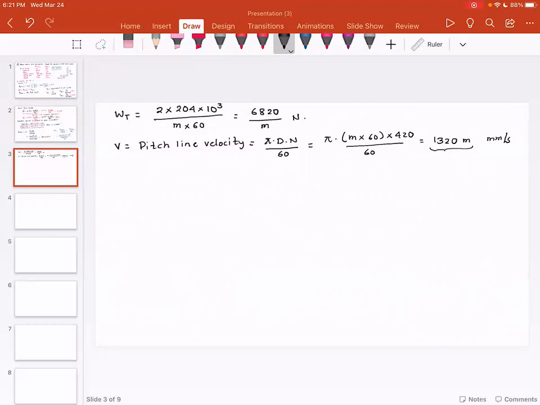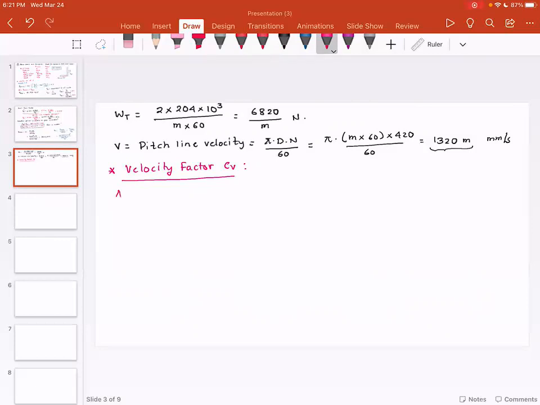Now, at this point, something to consider. We want to find out the velocity factor, which is CV. In this particular case, the module is not known. So what value of velocity factor should we take? This is a design problem, so a little bit of trial and error is expected.